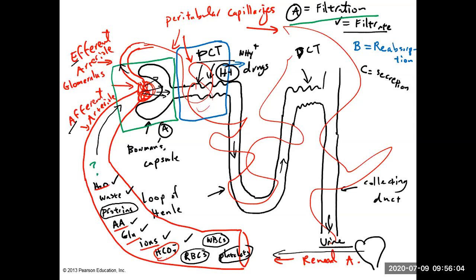Now, what if, and maybe you could think about that when you're thinking about the concept of diabetes. Let's go back to the PCT.